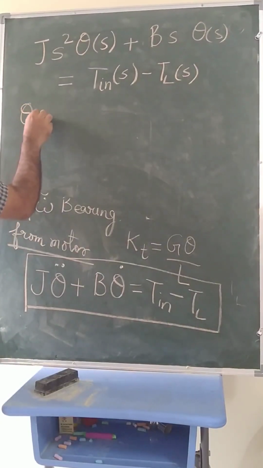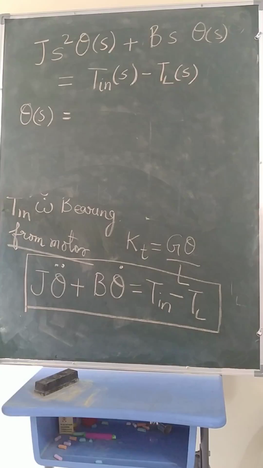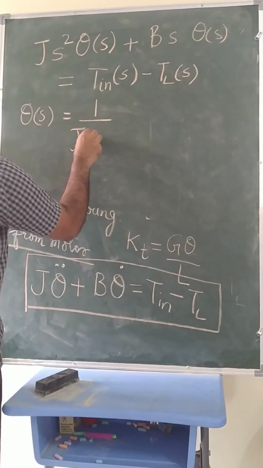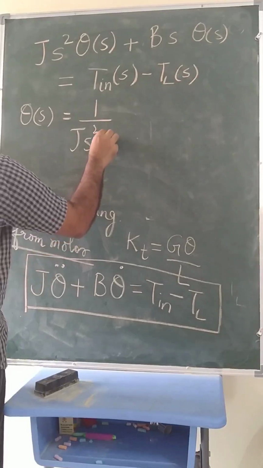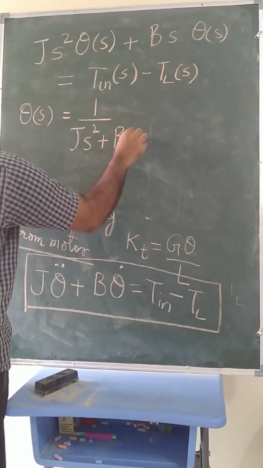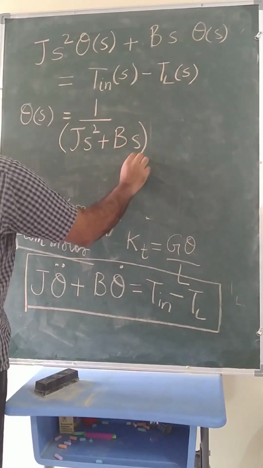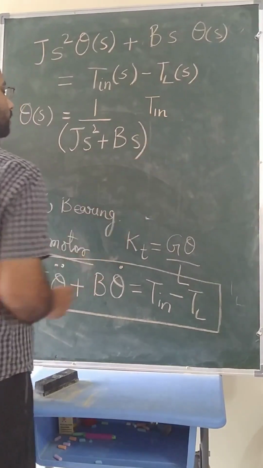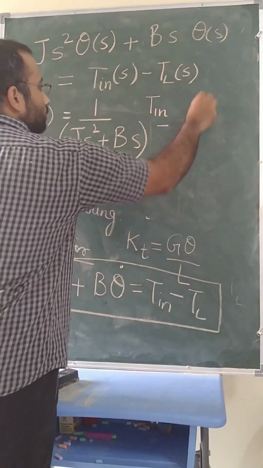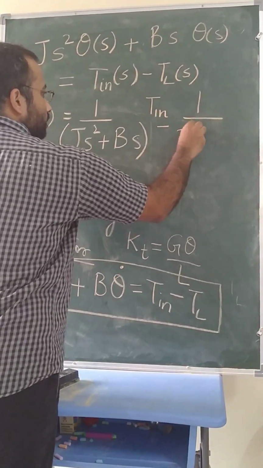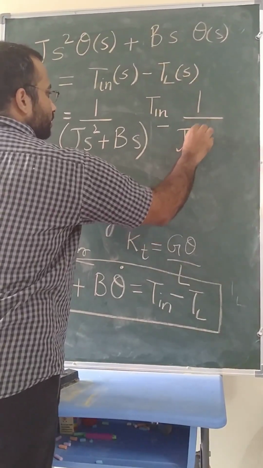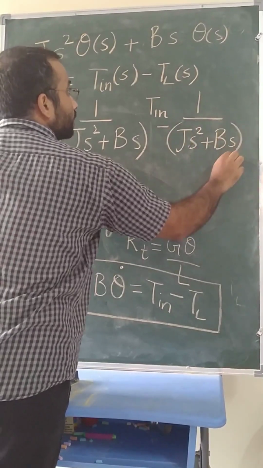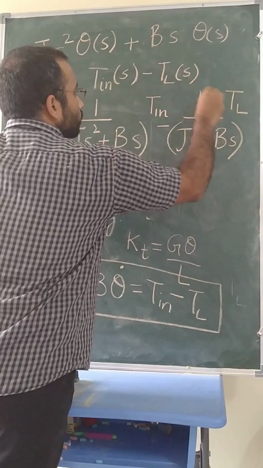So theta s will be equal to what? 1 by J s square plus B s multiplied by T in, minus 1 by J s square plus B s multiplied by T L.